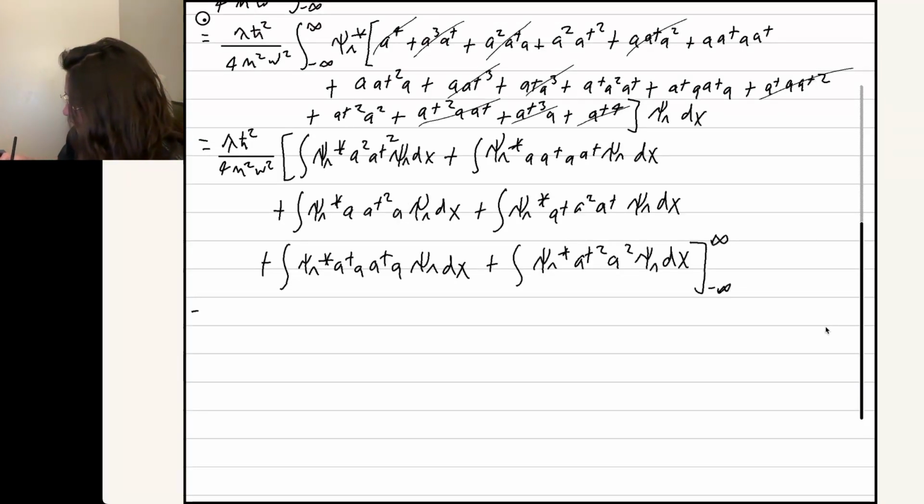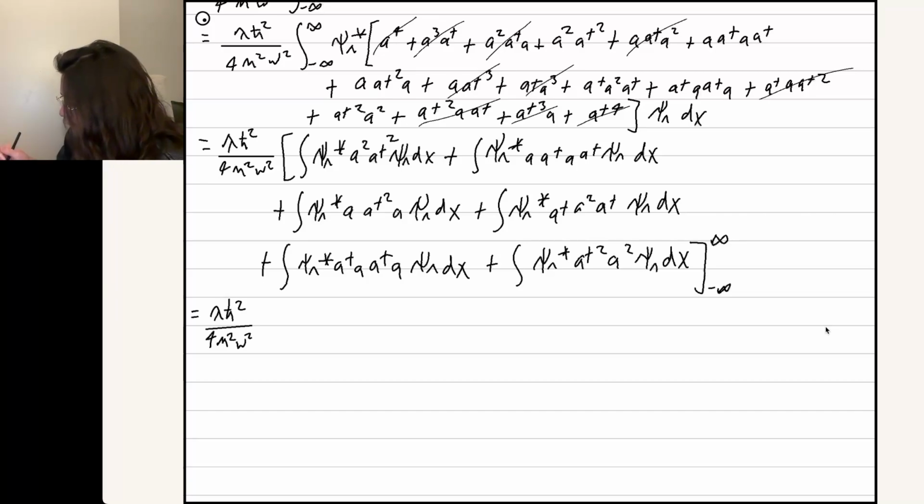So I'm only going to really apply operators one at a time so that I don't confuse anybody. First one will be root n times the integral of psi n star a squared a dagger psi n minus 1 dx, plus integral psi n star, and actually apply the operator.